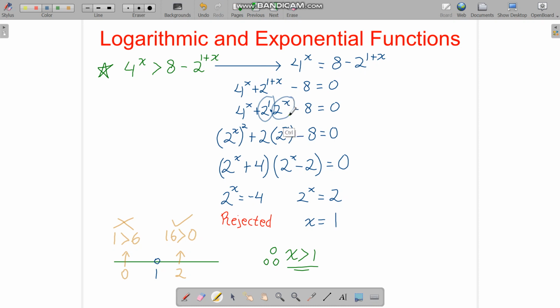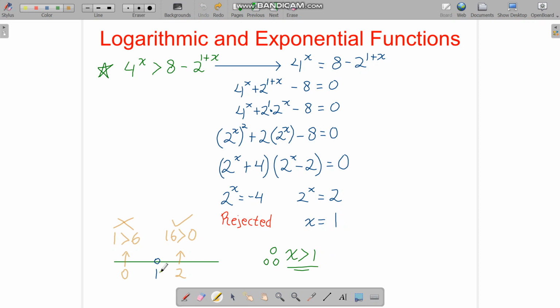And then this is 2 to the power of 2, so we can use this form. It's now a quadratic. We can factorize, and we get the values of 2 to the power of x. This is rejected because it's impossible, and this is just 1, so we get the critical value 1.